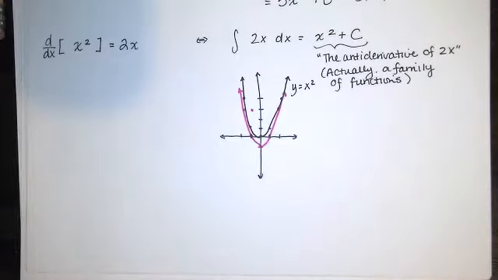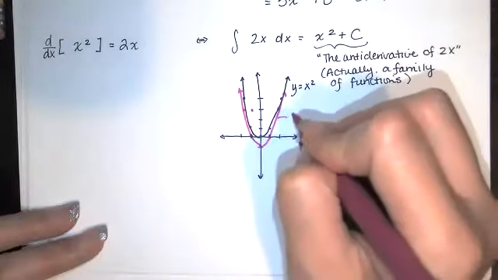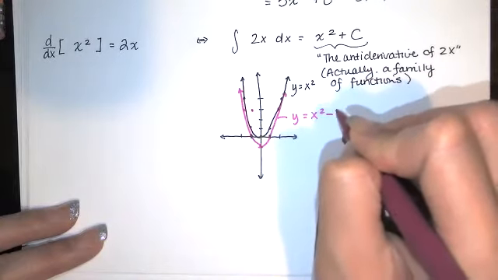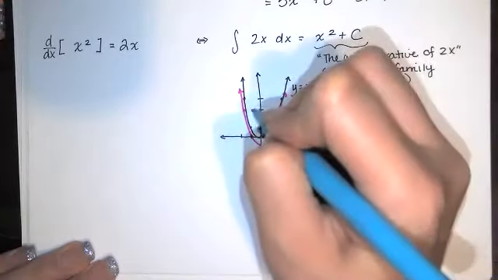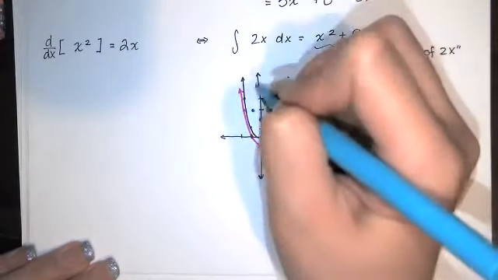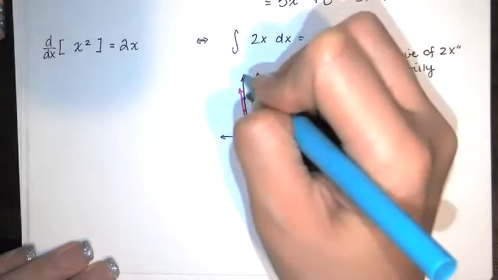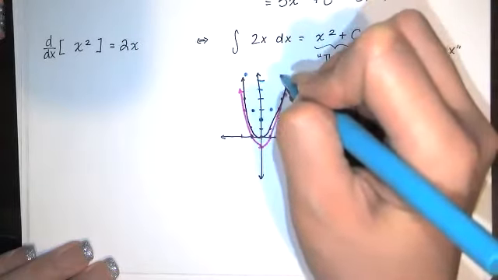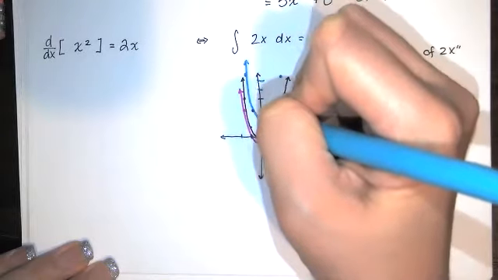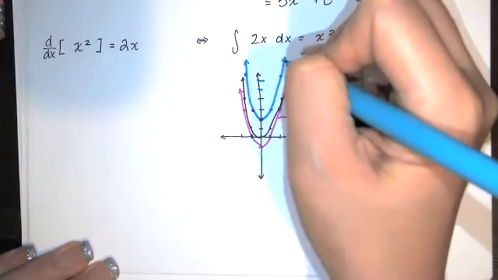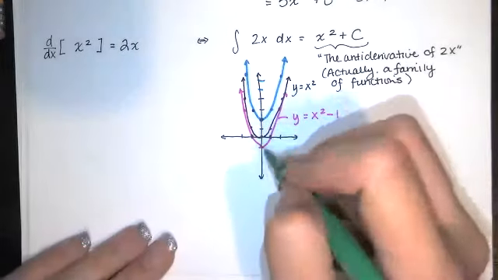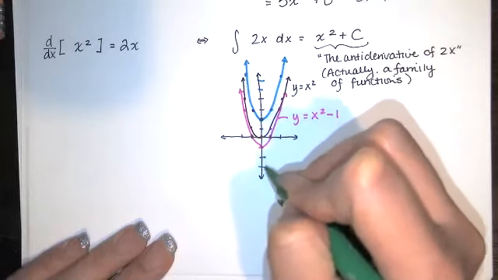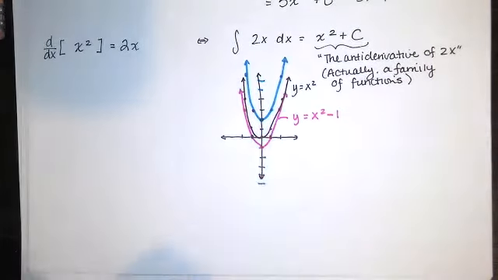If c equals 2, the graph looks like this. And it actually really doesn't matter what c is. c could be -5, -1, -2, -3, -4, -5.